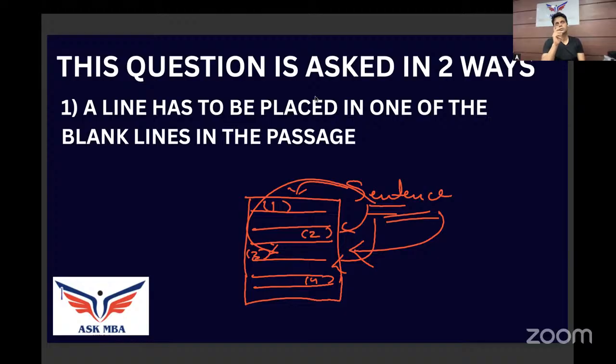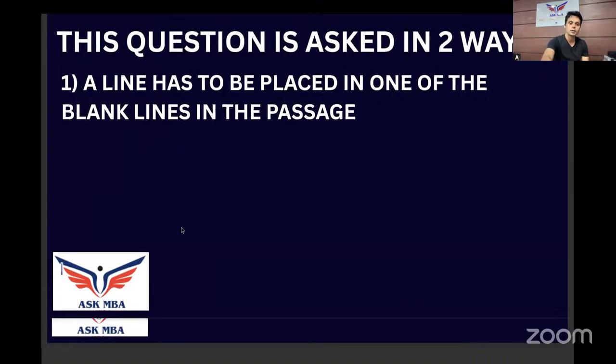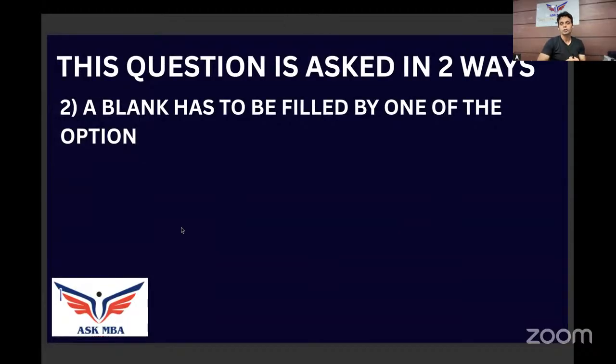The sentence is one, but the blanks are four. Recently, I have taught this topic in offline batch also. So this question is asked in two ways. That's the first one I spoke about, and the second one has to be filled by one of the options.